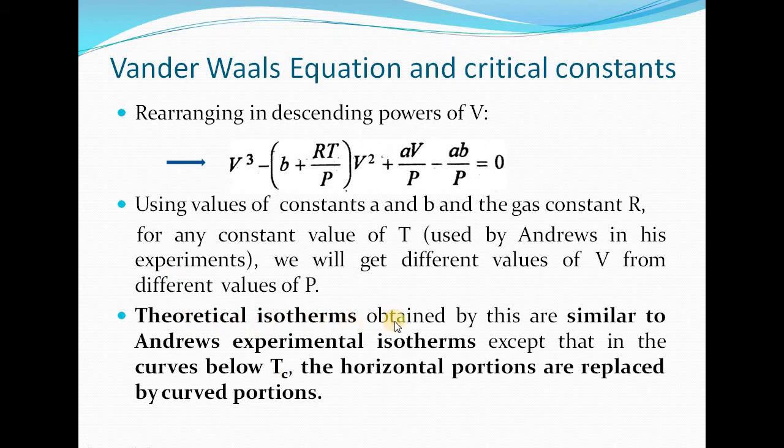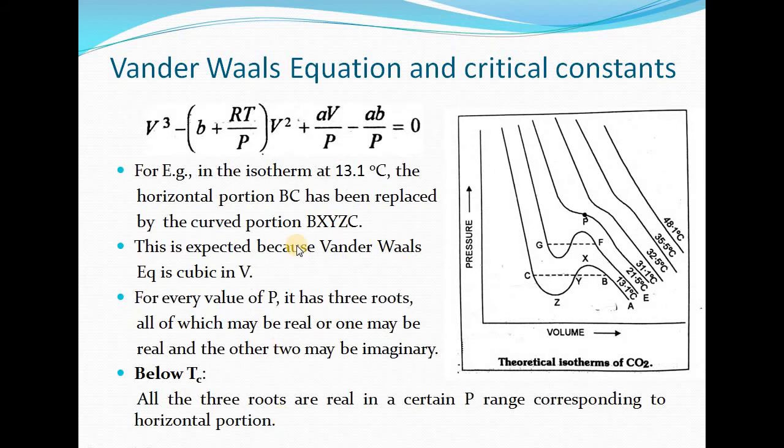These theoretical isotherms will be similar to the Andrews experimental isotherms we have obtained and studied in the last slides, except that in the curves below critical temperature, the horizontal portions will be replaced by curved portions. Why we get the curved portions, we will explain here.